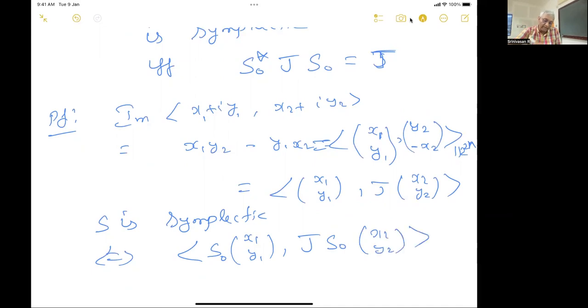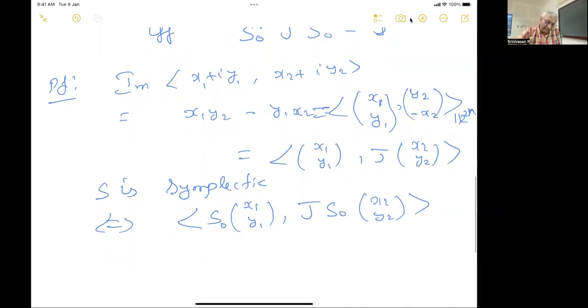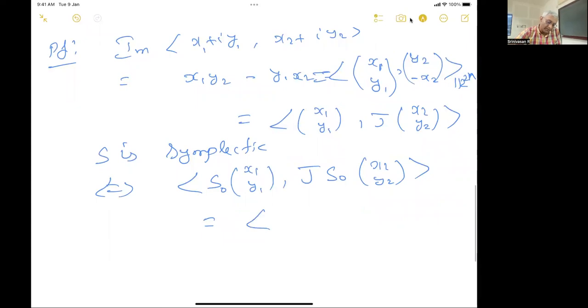This is the imaginary part of S x1 plus i y1 and x2 plus i y2. Let me just write it. This is equal to x1 y1 times J into x2 y2, correct? The imaginary part of S is preserved, so that is equivalent to saying S naught satisfies this relation.